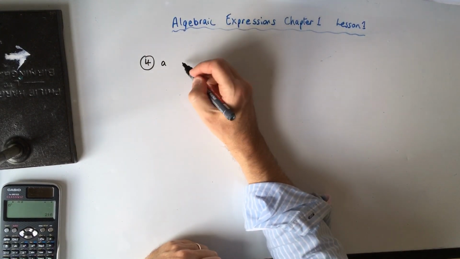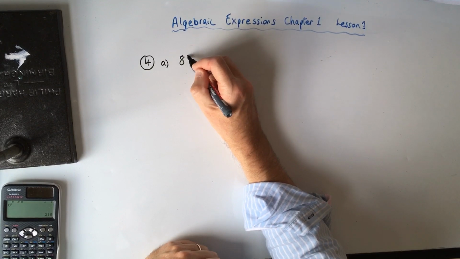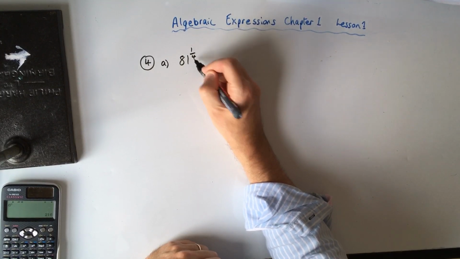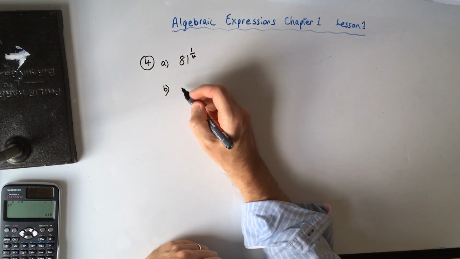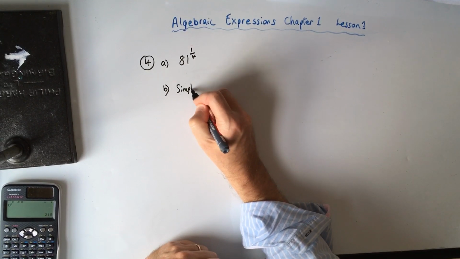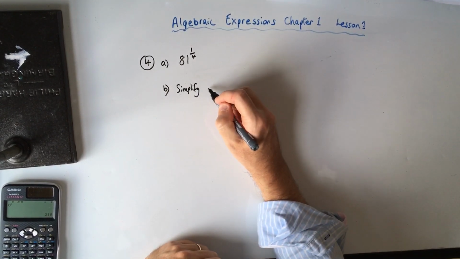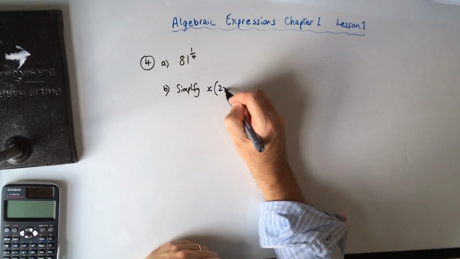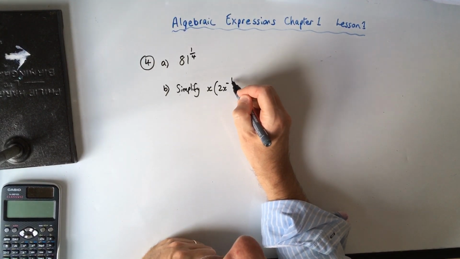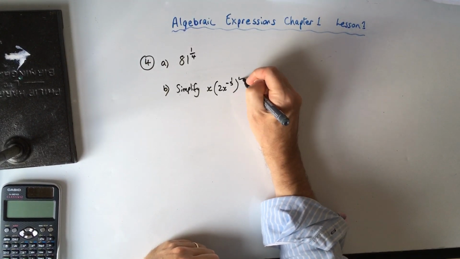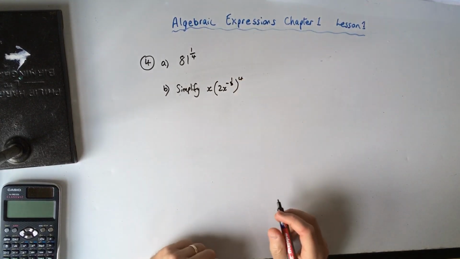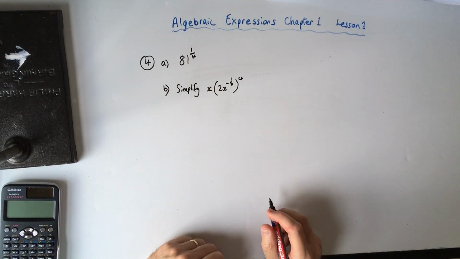It says find the value of 81 to a quarter, so really simple. And B, simplify x times 2x to the minus a third, all to the 4. So that's question 4.